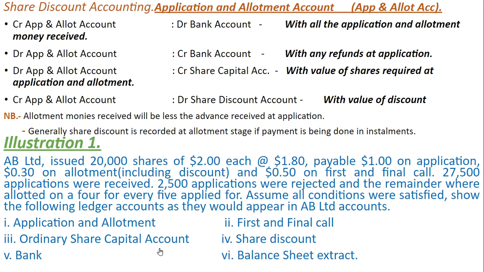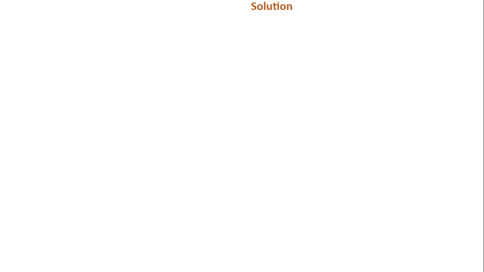I would encourage you to pause this video at this juncture and try to solve this illustration using the information provided on this page and the information learned in the previous lesson on issue of shares at par and at a premium.